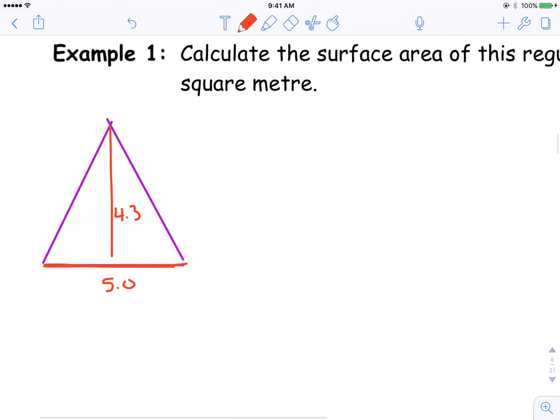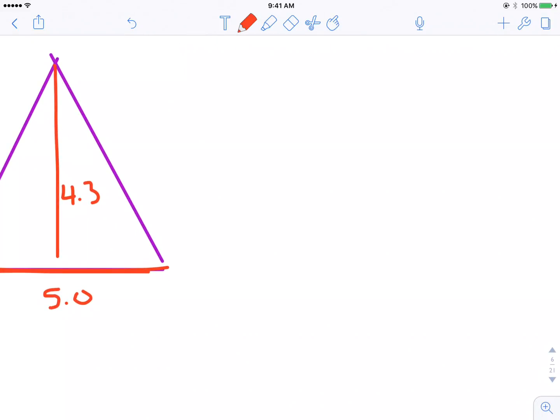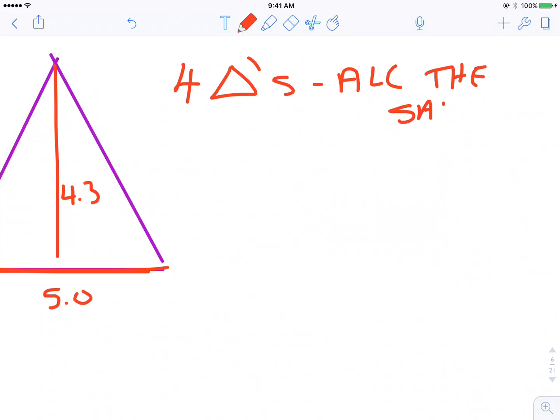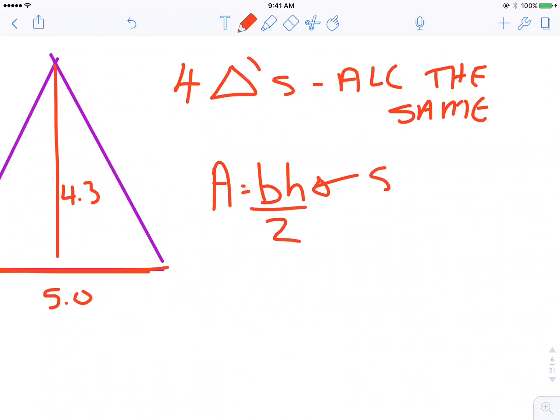Now a regular tetrahedron, we have to remember, is four triangles that are all the same shape. So basically all I have to do is find the area of one triangle and then multiply by 4. The formula for the area of a triangle is base times height divided by 2. But in this case, our height is actually S, or slant height.